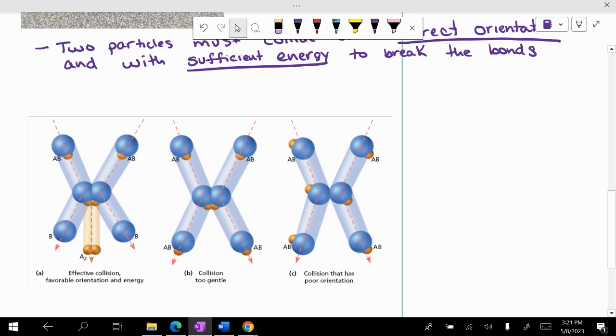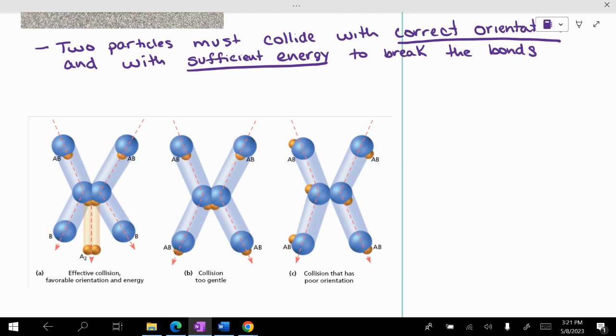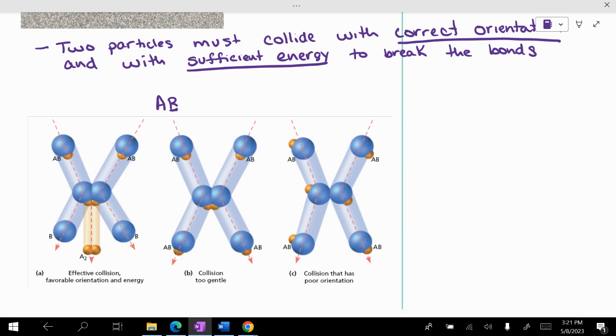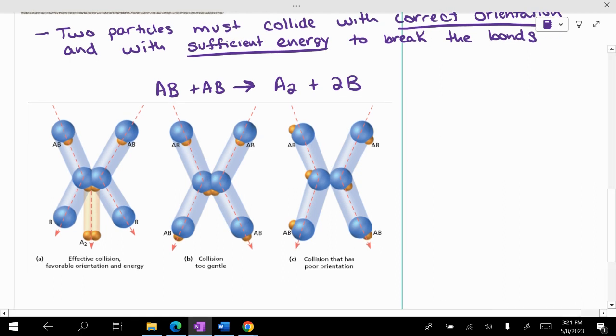So we have the collision between particles AB to form, we have the reaction of AB. And so if you look at letter A, we have an effective collision.